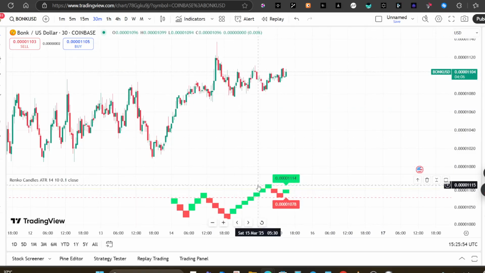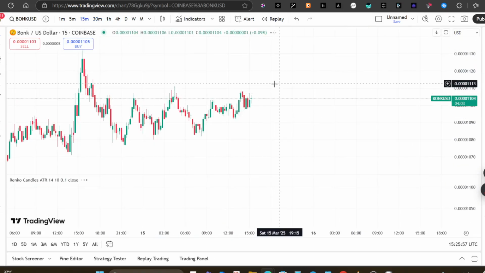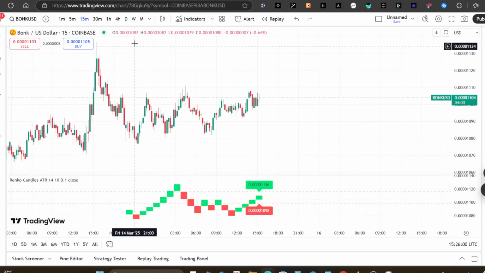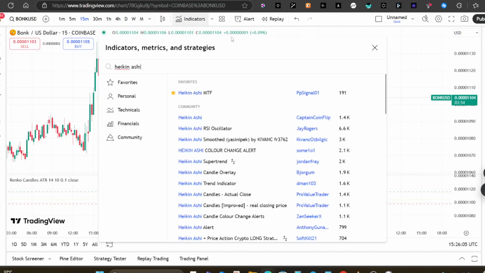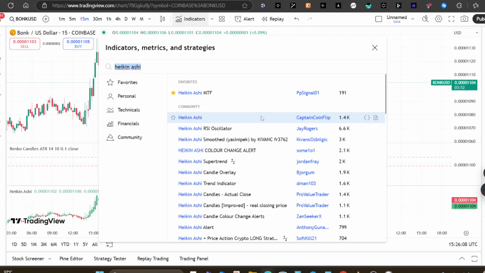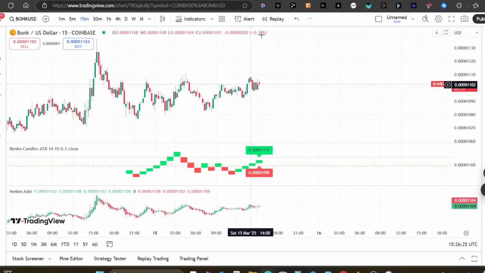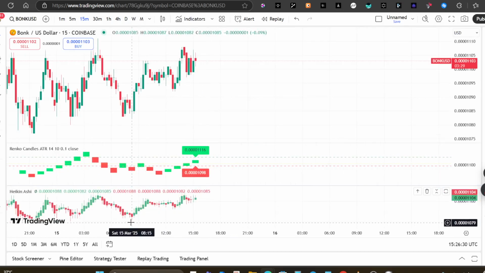Okay, so these are the Renko candles, and then we're also going to be adding the Heikin Ashi.